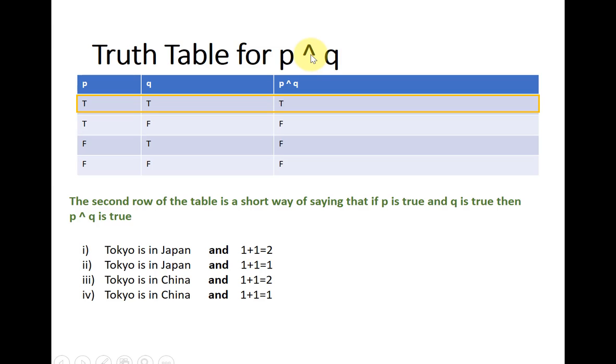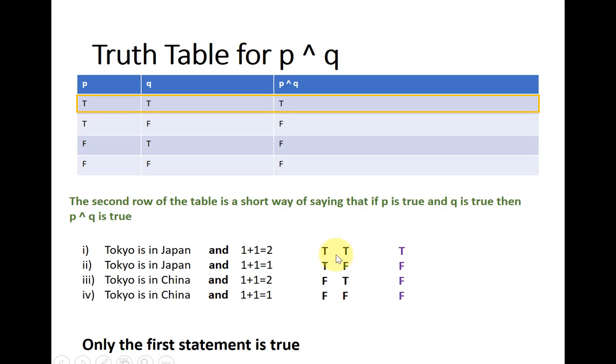So you knew this already, and this is just the way it's expressed formally. So the second row of the table, that is this row here, is a short way of saying that if P is true and Q is true, then P and Q is true, and the others are similar. So only the first statement is true, only this one is true, only this one is true.